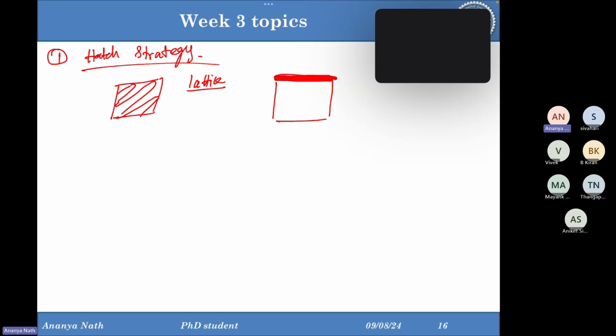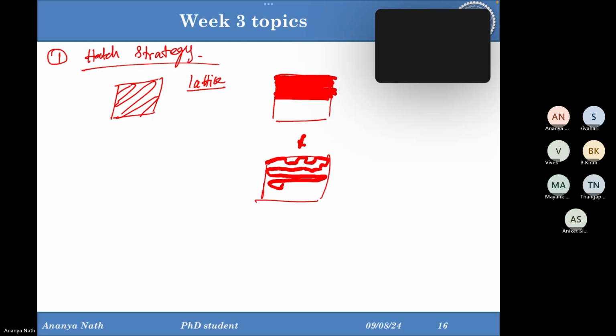Instead of filling the part like this, tracks overlapped with each other, you can print it like this. So it's basically a lattice structure, okay?